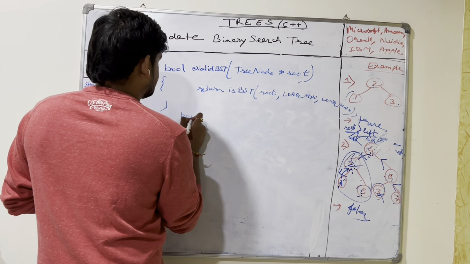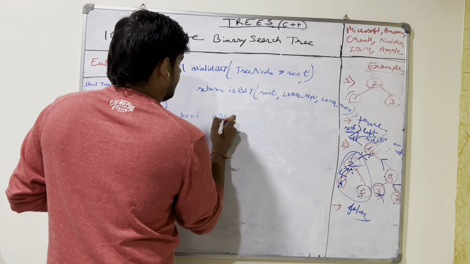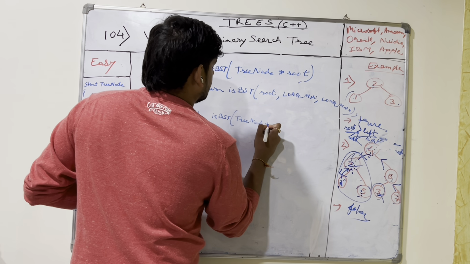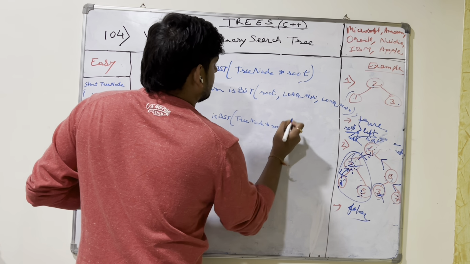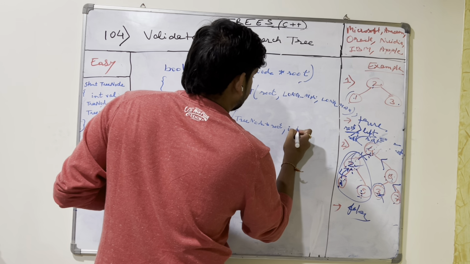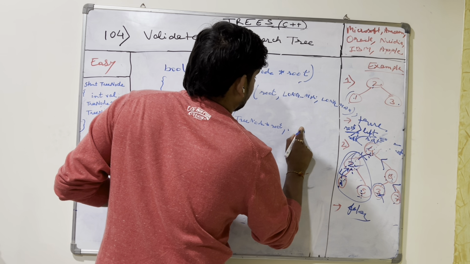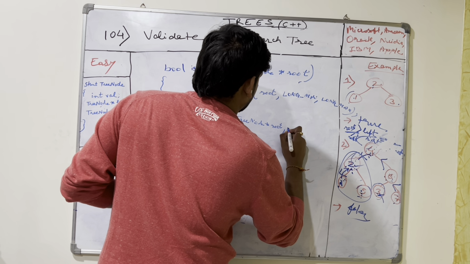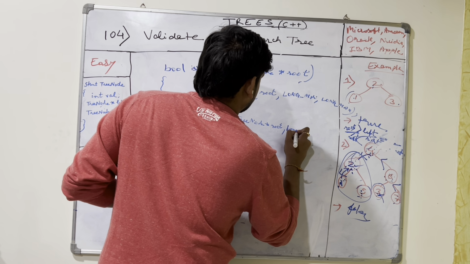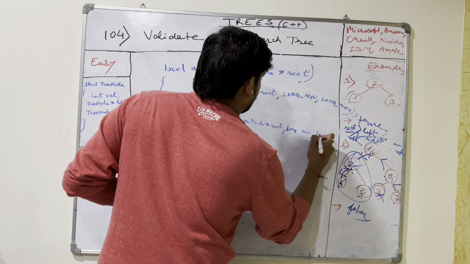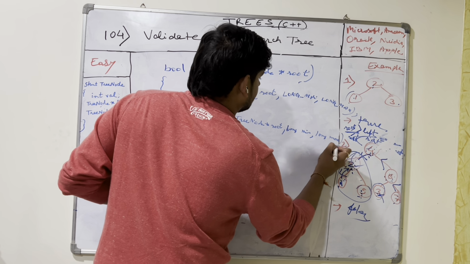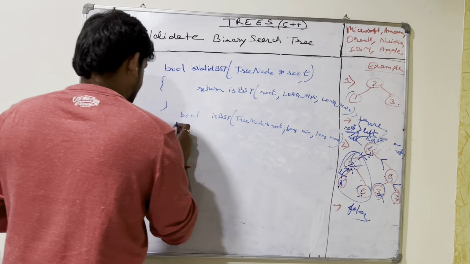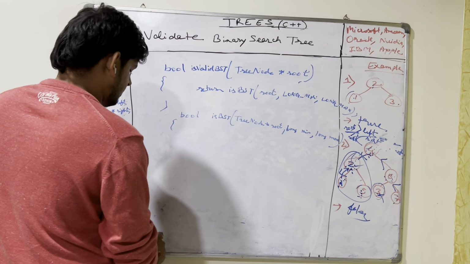Now we code this recursive function isBST, where we have TreeNode* root, and then we have long min and long max. Or this could be integer or anything, int min, same thing, doesn't make a difference, right?